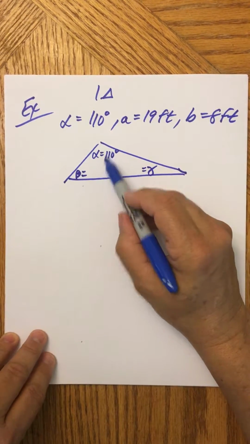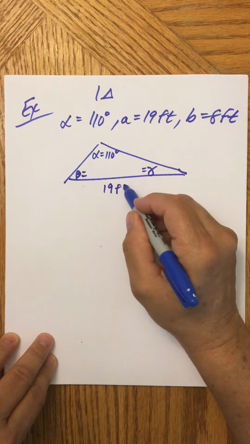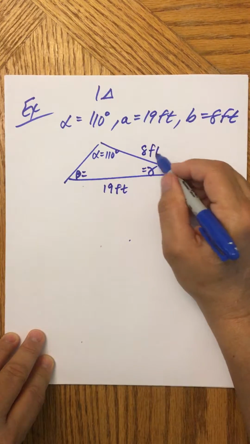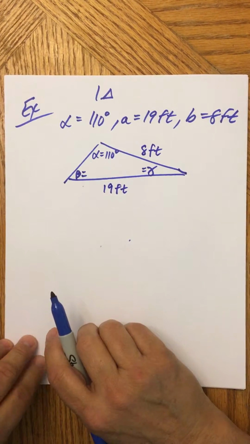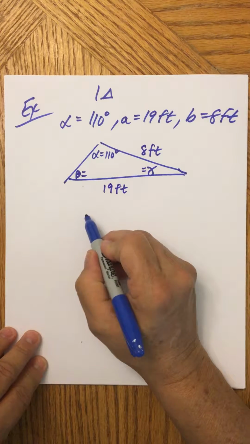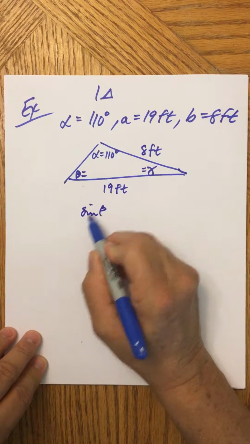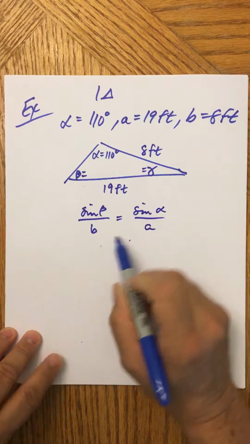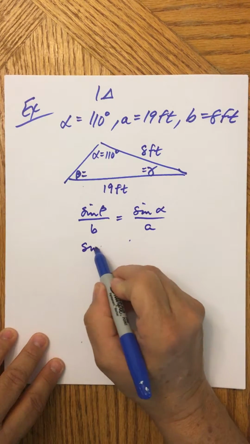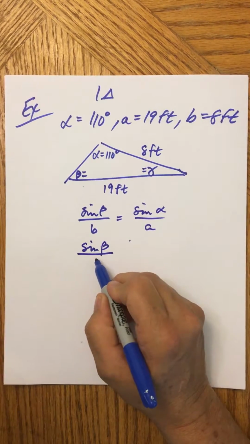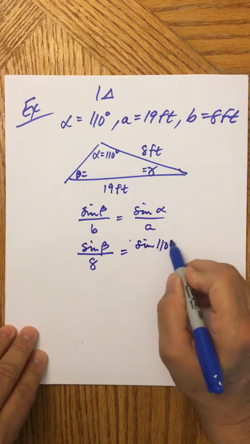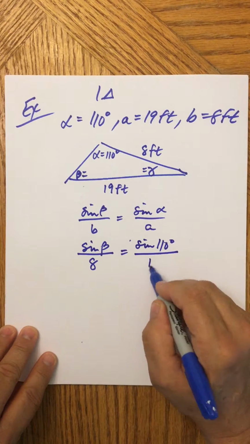What I do know is I have 19 feet here, and then B across from beta is 8 feet. So that's what I know so far. I'm going to set up sine of beta is to B as sine of alpha is to A. So we have sine of beta is to 8 as sine of 110 is to 19.